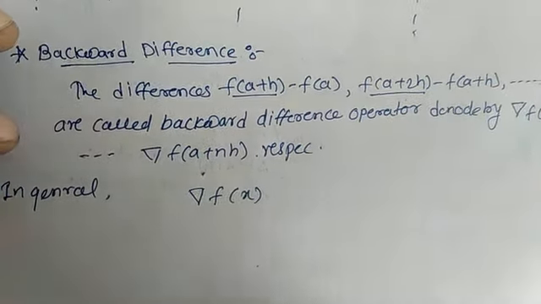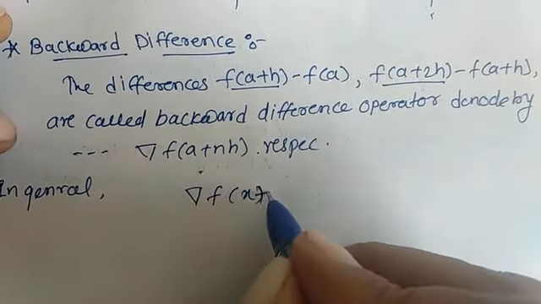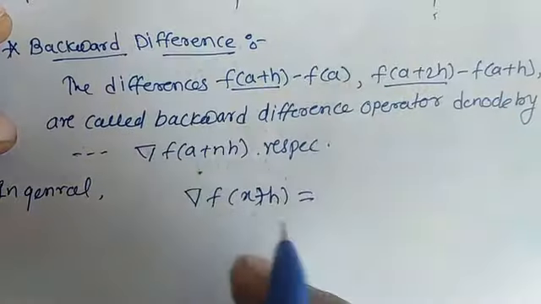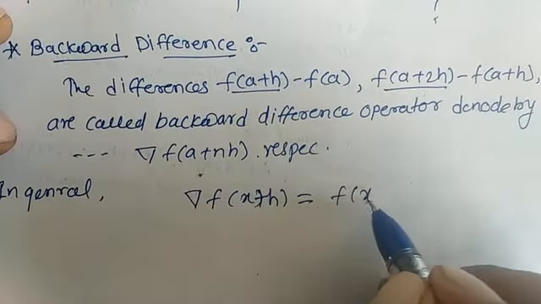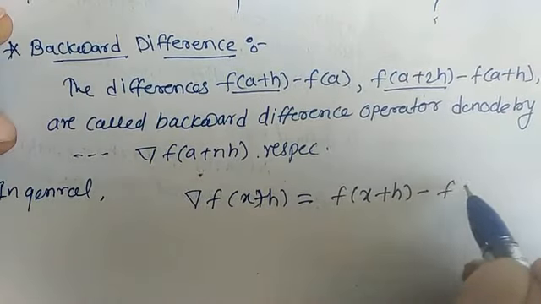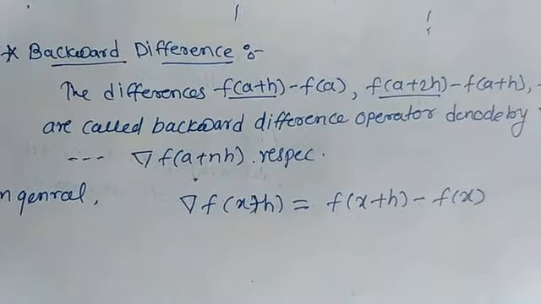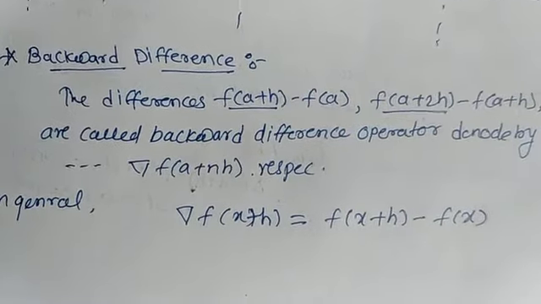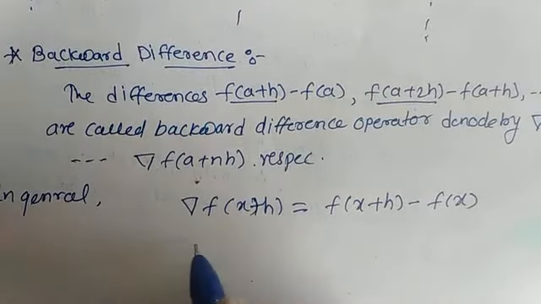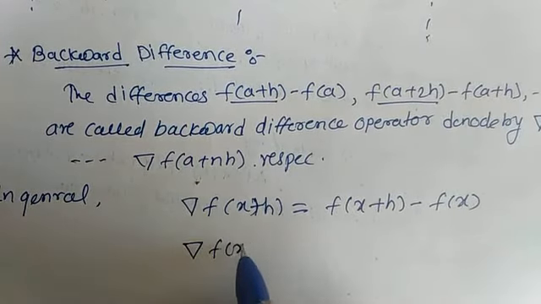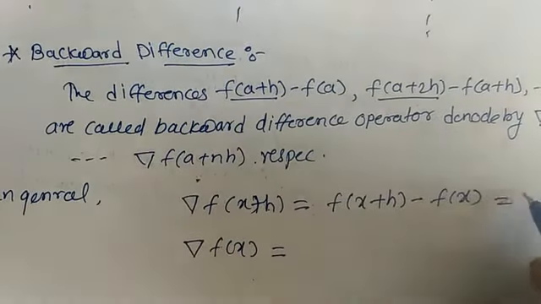In general you can write nabla f of x plus h can be written as f of x plus h minus f of x, okay. Or you may write nabla f of x is equal to, here f of x plus h minus f of x, which is equal to del f of x.